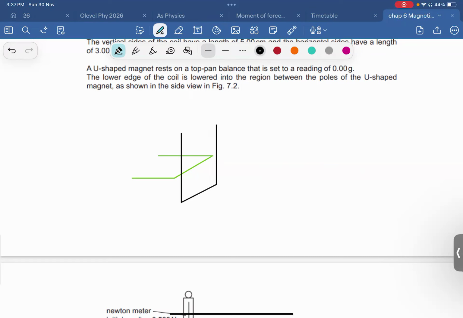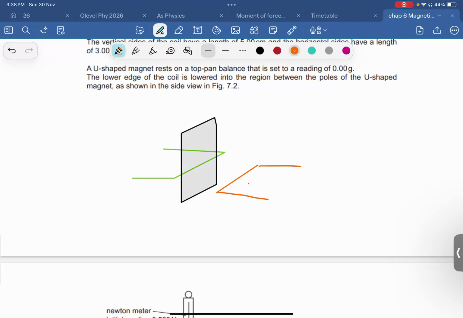And it is basically connected from the top, right? Okay, so this is the magnet, by the way. And there will be another one, like the other pole of the magnet that would look like this, right?